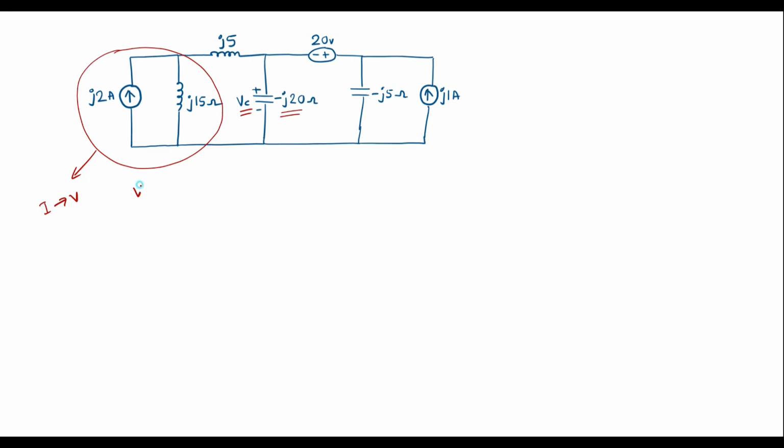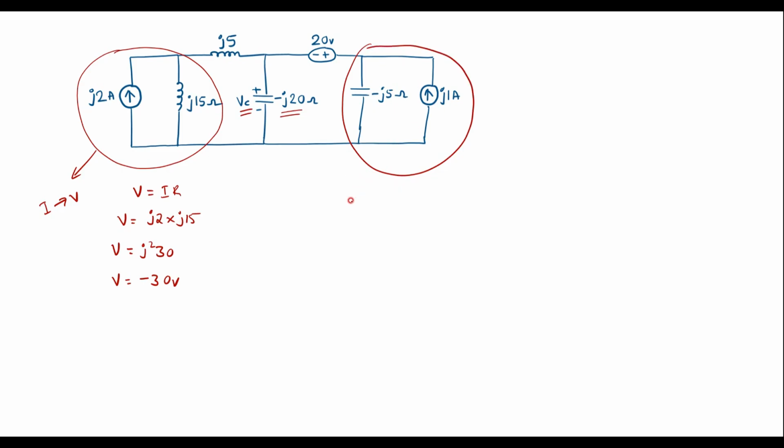So we know that V equal to IR, that is V equal to I is J2, R is nothing but reactance here, it is J15, or we can write 2 into 15 is 30, J into J is J square, that is V is equal to J square means minus 1, that is minus 30 volt. Similarly, I can convert this current source into voltage source.